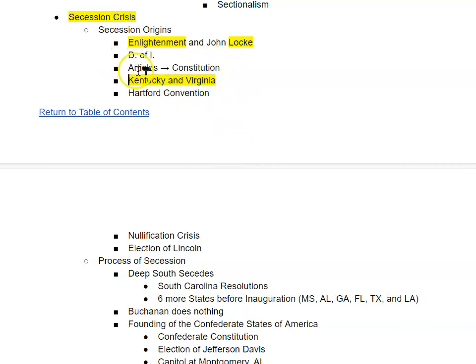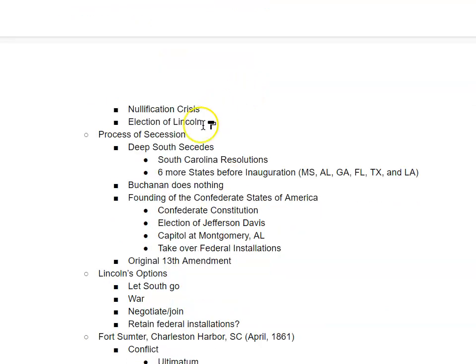Even when you had the Articles, which were supposed to be perpetual, and you had the writing of the Constitution, in a way, one could argue that there's a long tradition of seceding from Britain, of seceding illegally from the government of the Articles to form the Constitution, of standing up to the federal government. The New England states threatened maybe to secede during the War of 1812. South Carolina nullified or tried to nullify federal tariff law in 1830.